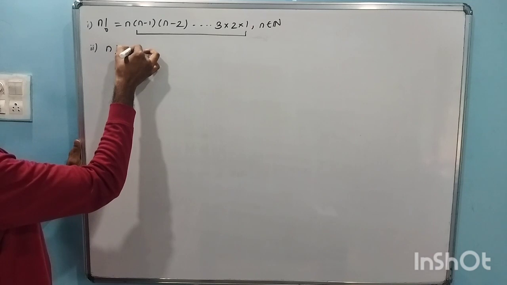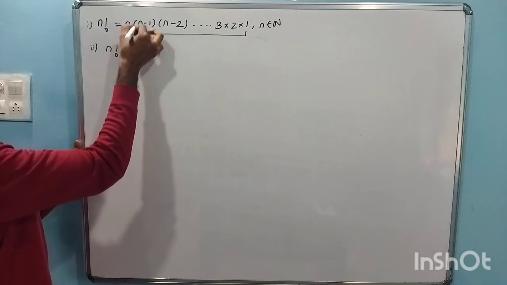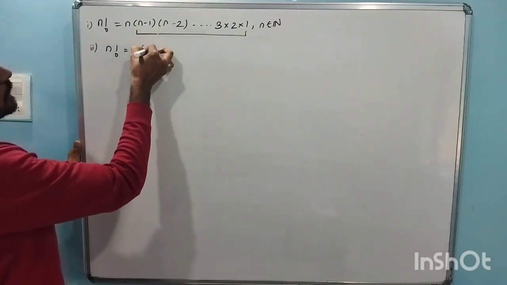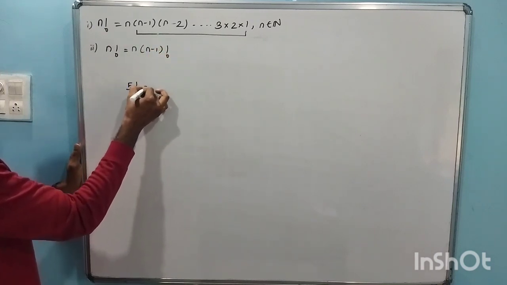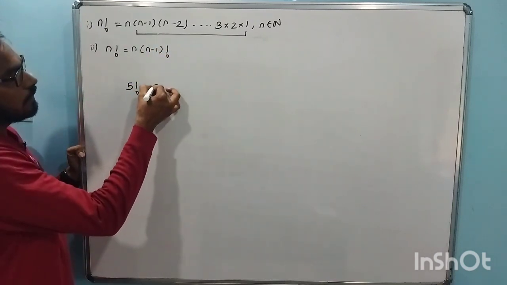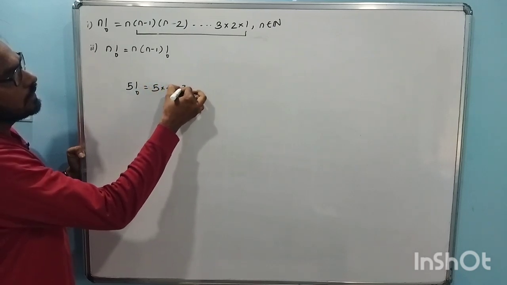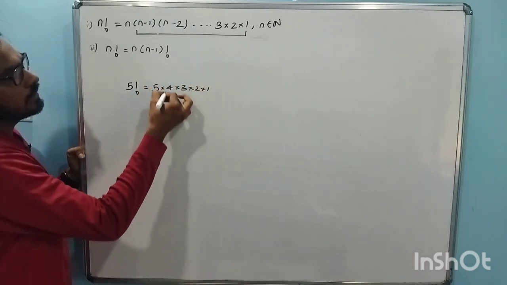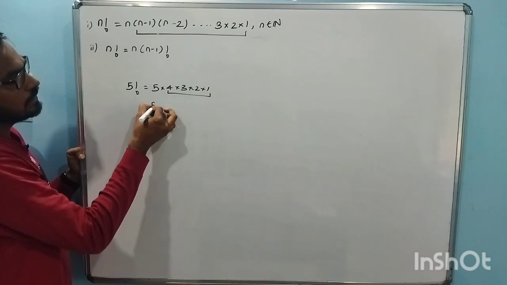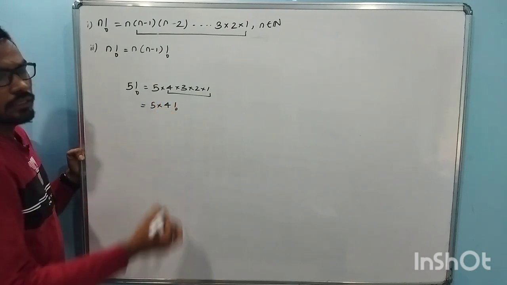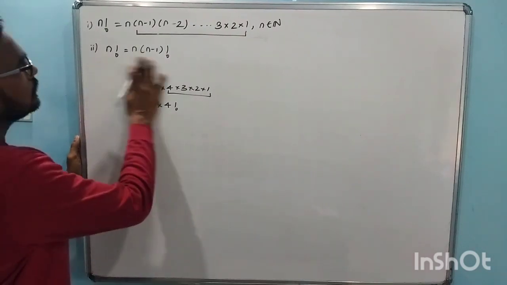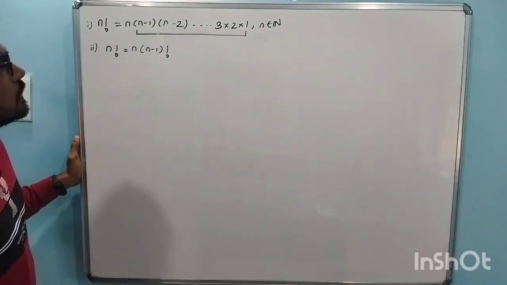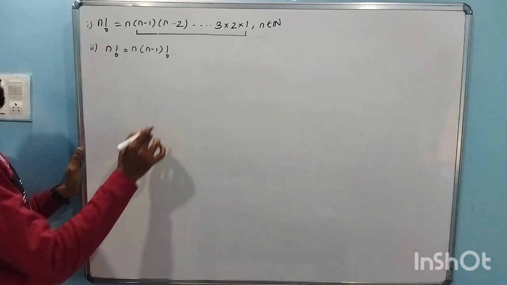So we can write this as n into n minus 1 factorial. For example, 5 factorial is 5 into 4 into 3 into 2 into 1, and this much is 4 factorial. So this is a property of factorials that you have to remember.